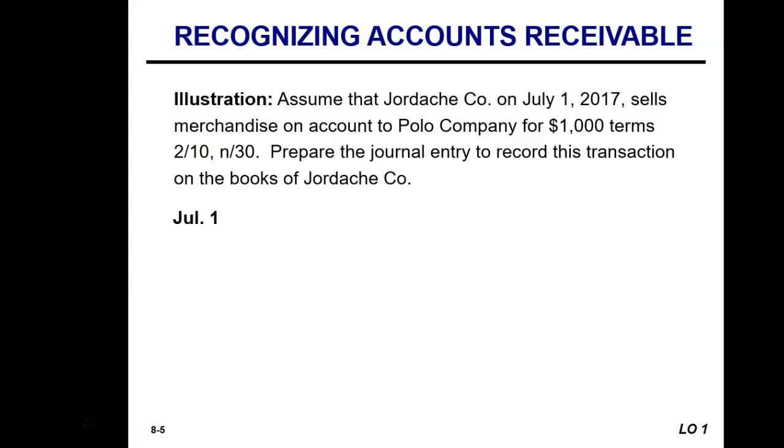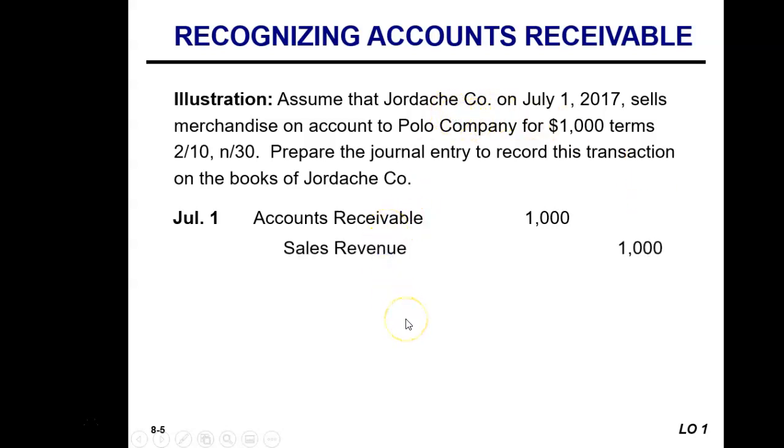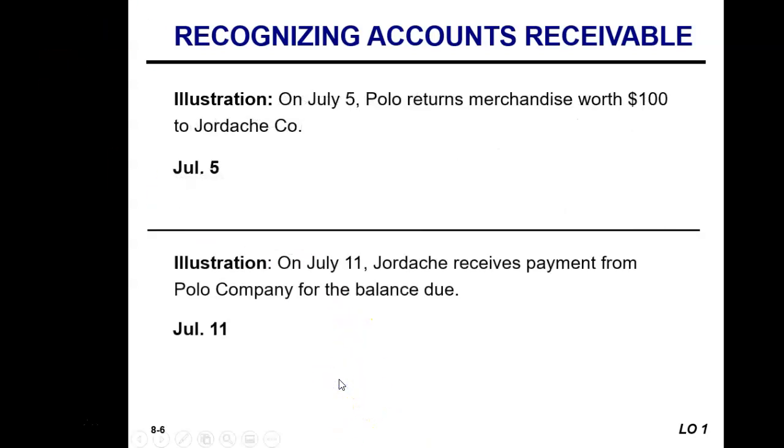To record the July 1st transaction, debit accounts receivable for the $1,000, the amount owed to the Jordache Company, and credit sales revenue. So again, debit accounts receivable, credit sales revenue in the amount of $1,000.